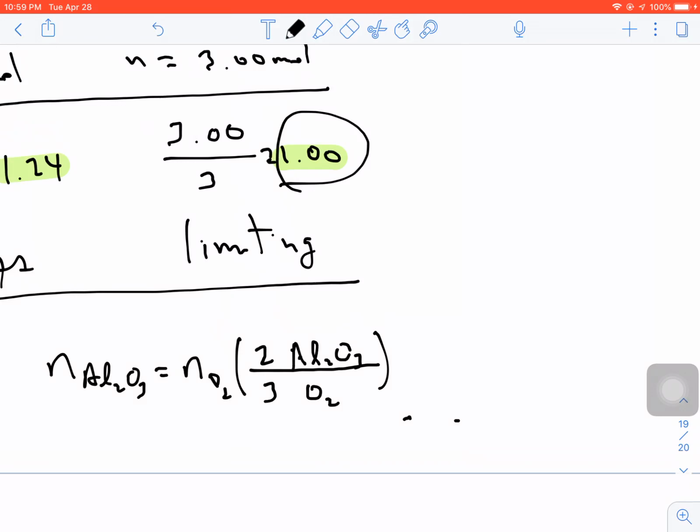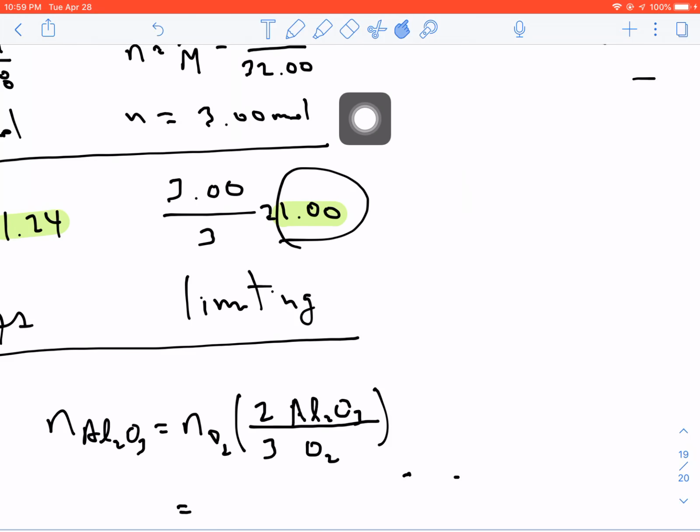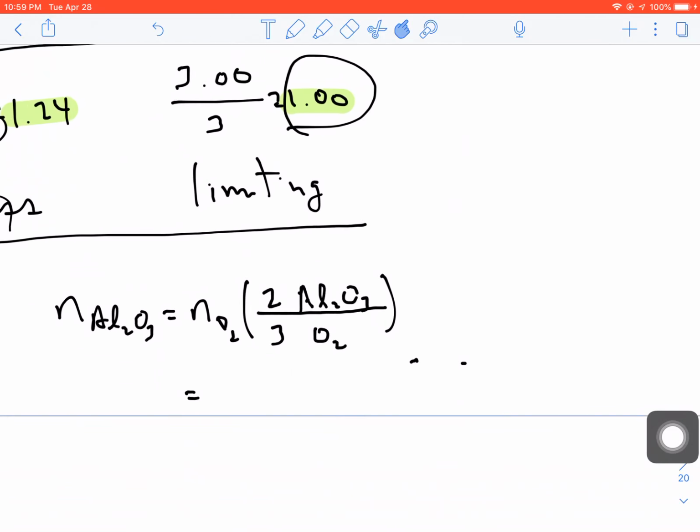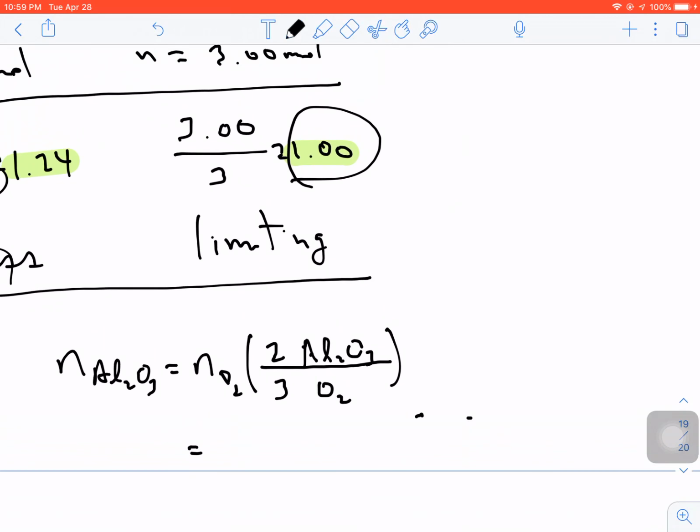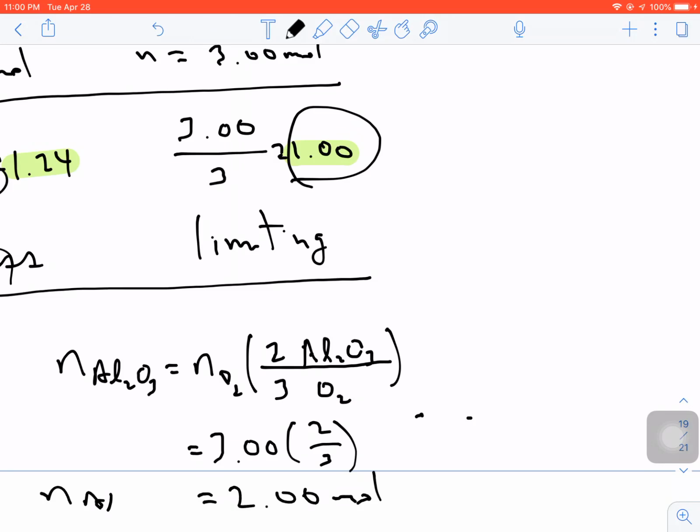So let's do our math now. Our number of moles of O2 was 3 moles. That's our number of moles of O2. 3 moles of O2 times my ratio of 2 over 3, and I get a number of moles of aluminum oxide, which is 2 moles.